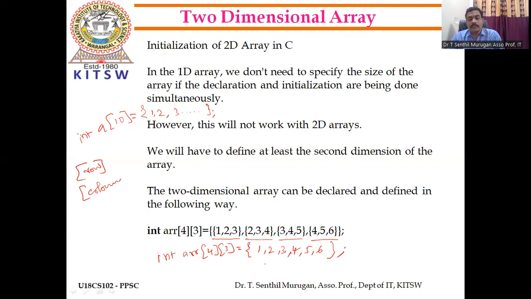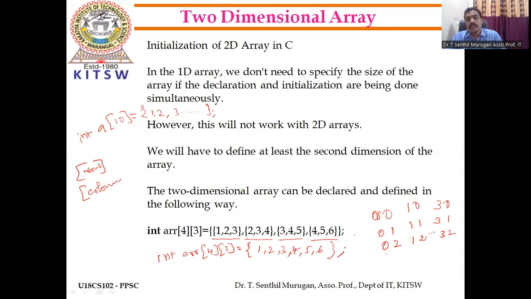It will take index 0,0 first. There are 4 rows and 3 columns, so 0 0, 0 1, 0 2: it takes 3 values for the first row, first column, first row second column, first row third column. Like that it goes up to the fourth row, with first, second and third values.